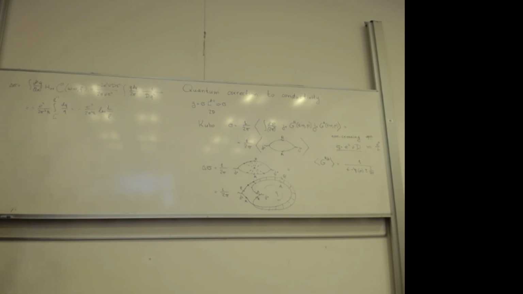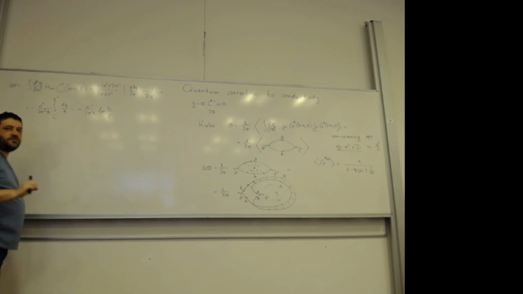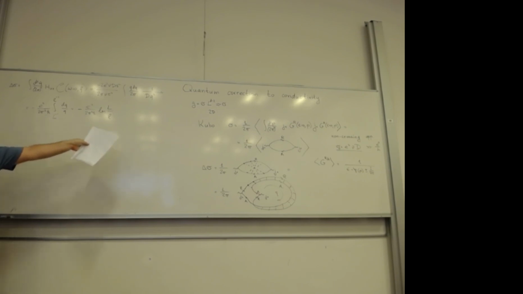Very good. Also, an important thing, there's a minus sign here, it's a negative correction. So quantum effects provide a small correction to the classical conductivity, which is on one hand negative, and on the other hand not so small as we expected originally.